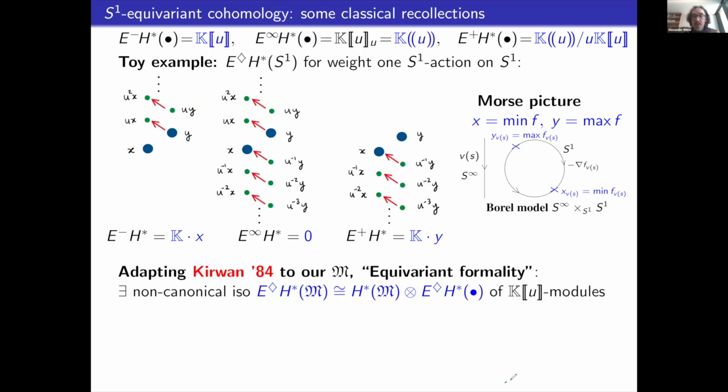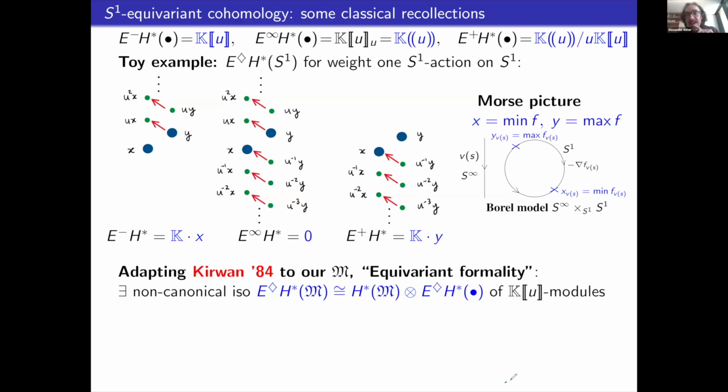So it's just the ordinary cohomology tensored with the equivariant cohomology of a point. So in this case, you're just throwing in whatever polynomials in U, Laurent series in U, or this nilpotent type thing. Okay, so this is a non-canonical isomorphism just of the modules.